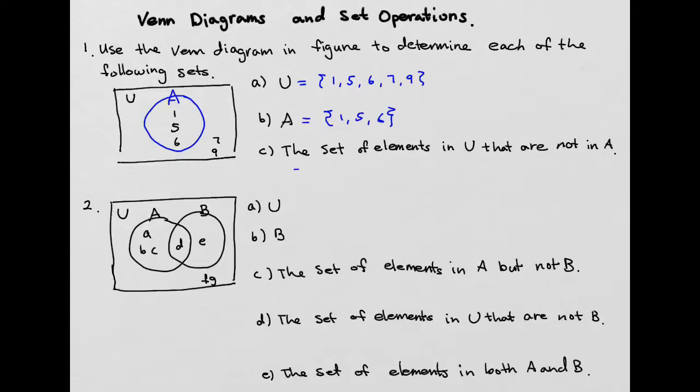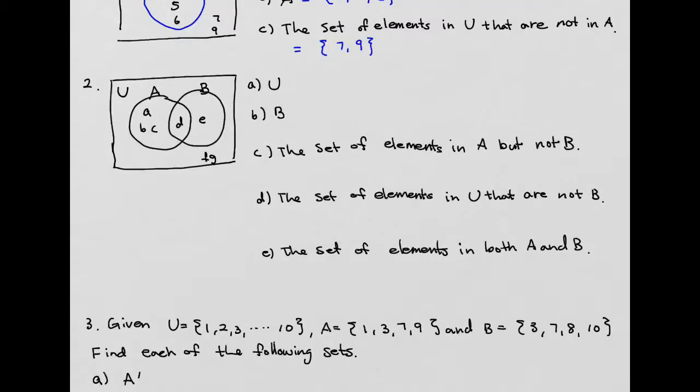And the third one, it's the set of elements in the universal set that are not in A. So elements that are in the universal set but not in A are going to be 7 and 9. What about example 2?